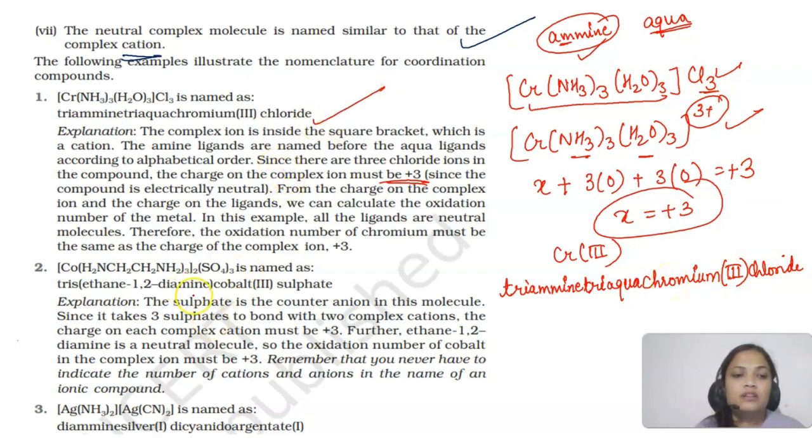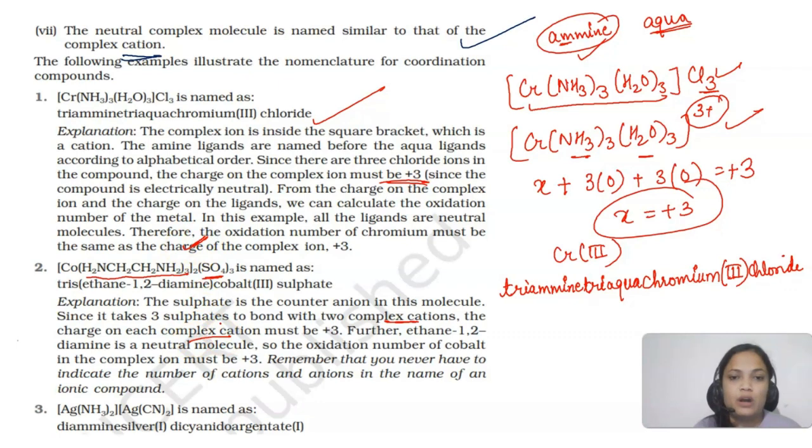Same goes for the next one. Here you can see CH2, CH2, NH2. This is ethylenediamine, and 3 ligands are there. Since it's already a bidentate ligand, you will be using the word tris. Now here you have sulfate, 2 minus. Since there are 3 sulfates bonding with 2 complex ions, the charge on each complex ion would be +3.